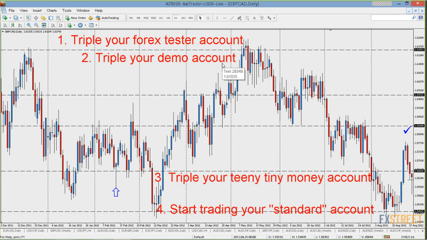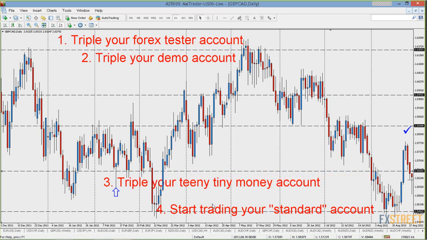They triple their tester, they triple their demo. So this is back testing, right? This is forward testing, number 2, demo account. This is live testing, number 3. And then this is number 4, real trading. Most people just go straight to 4, and some occasionally will go from 1 to 4, or they won't even use Forex Tester.